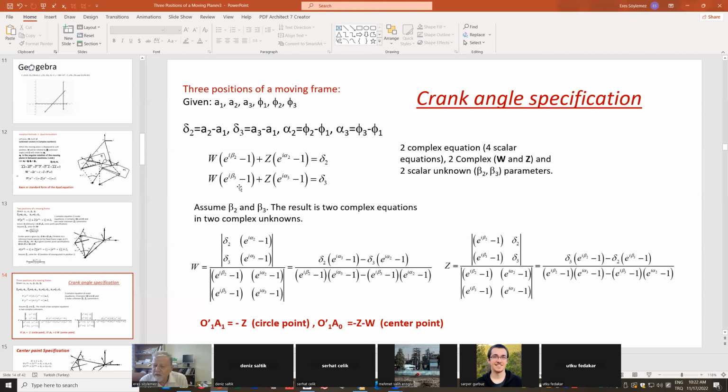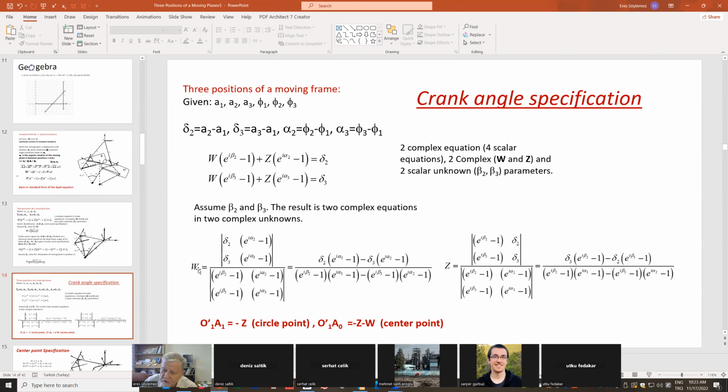In this case, if we are given beta 2 and beta 3, the crank angles, notice, I have two complex equations in two complex unknowns, W and Z. Using linear algebra, W will be equal to the determinant of the coefficient matrix with the coefficient of W replaced by delta 2, delta 3, divided by the determinant of the coefficient matrix.